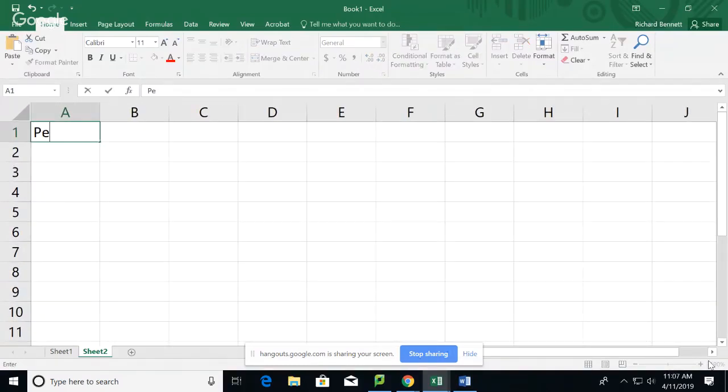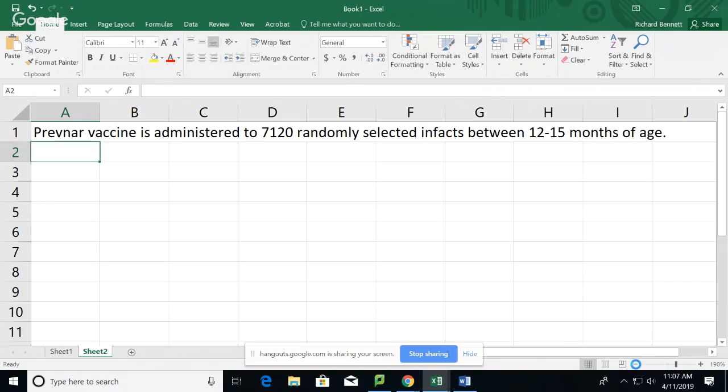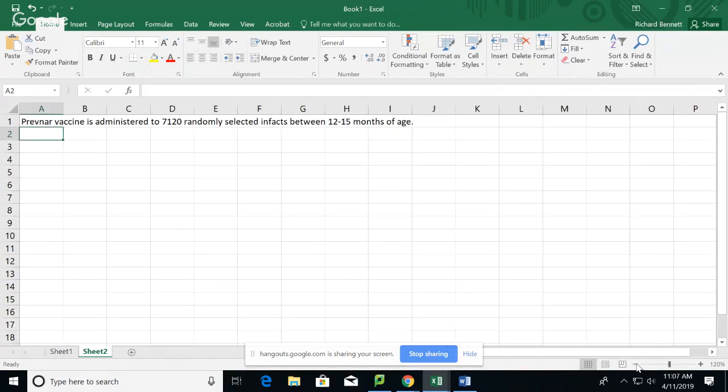Prevnar vaccine is administered to 710 randomly selected infants between 12 to 15 months of age. 121 experienced loss of appetite as a side effect.